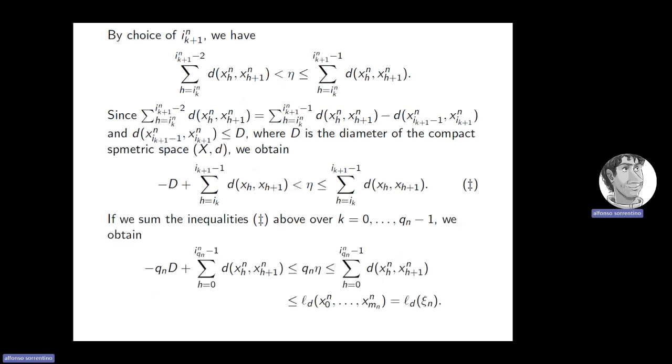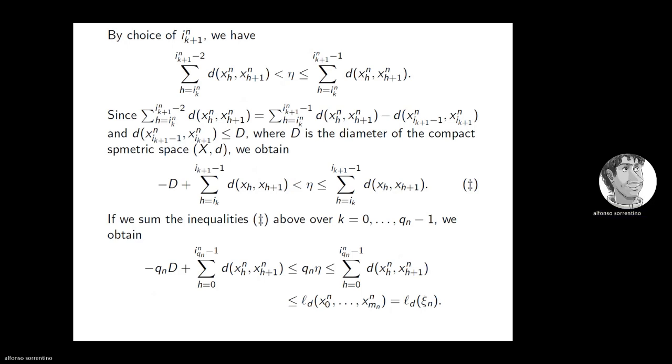So in fact, here I subtracted from this sum something which is not as much as d. So I get the inequality here with minus d subtracted. If we sum these inequalities, we get q_n eta minus q_n d, summing from h equals 0 to i_{n,k} minus 1.